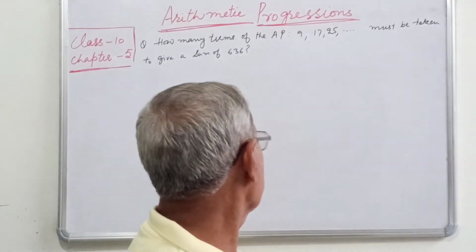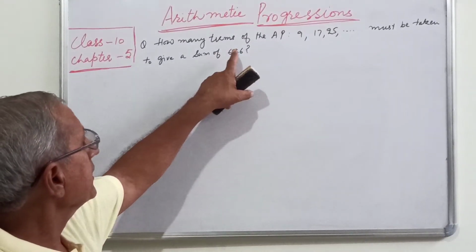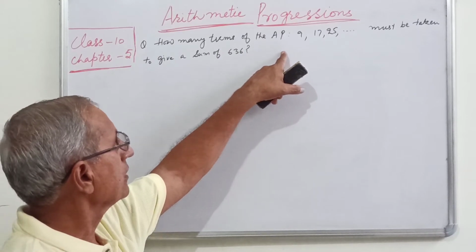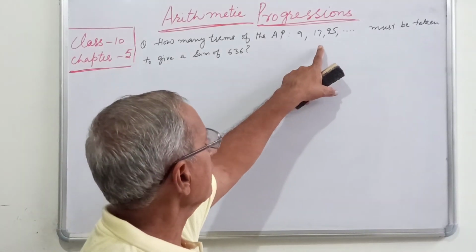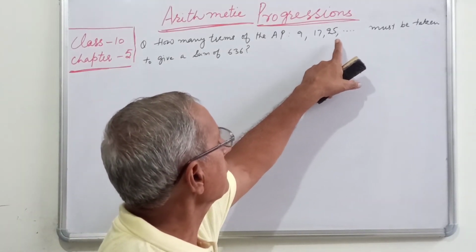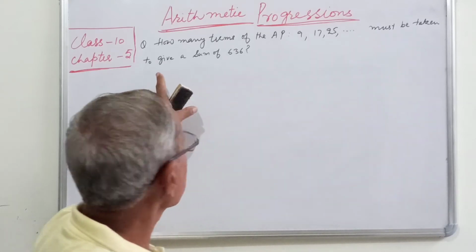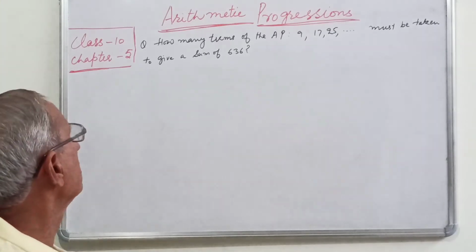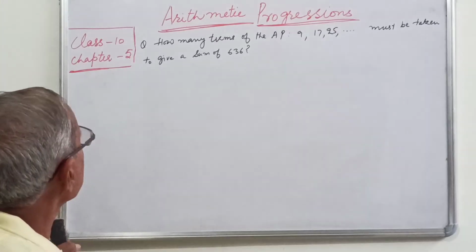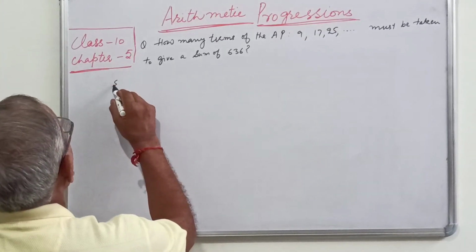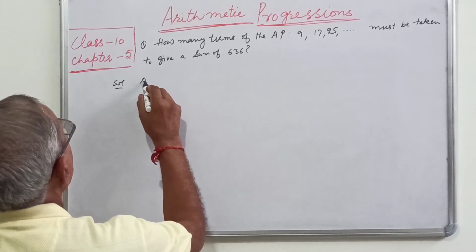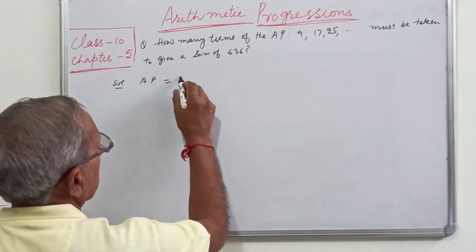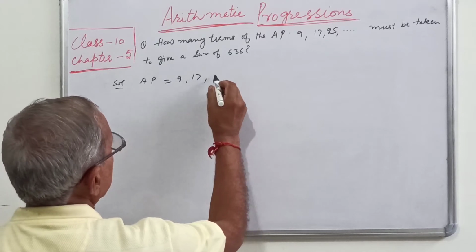The next question is, how many terms of the AP 9, 17, 25 must be taken to give a sum of 636? The AP here is 9, 17, 25.